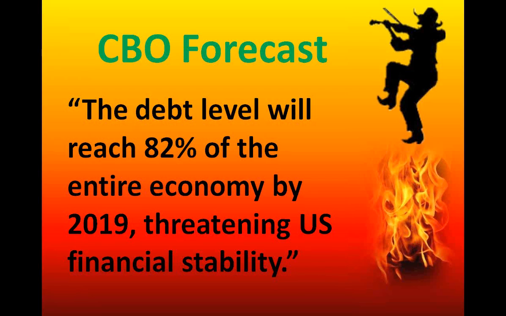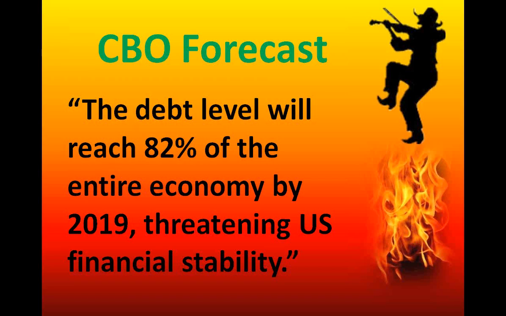And they do this not with the eye of trying to slant the numbers, but with the eye of trying to present it as fairly as possible. They have stated that the debt level will reach 82% of the entire economy by 2019, threatening U.S. financial stability. That's a pretty scary statement.